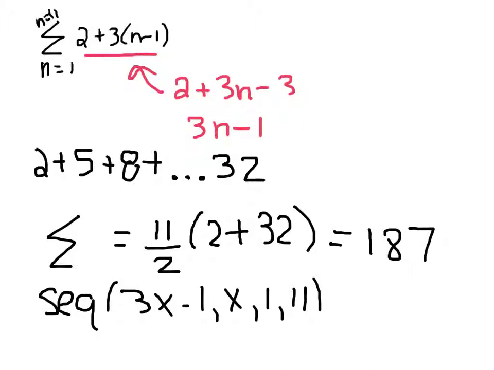Got all my numbers? And then I do sum of the answer. So, second stat, arrow over to math, sum of the answer, and I can verify my answer is 187.